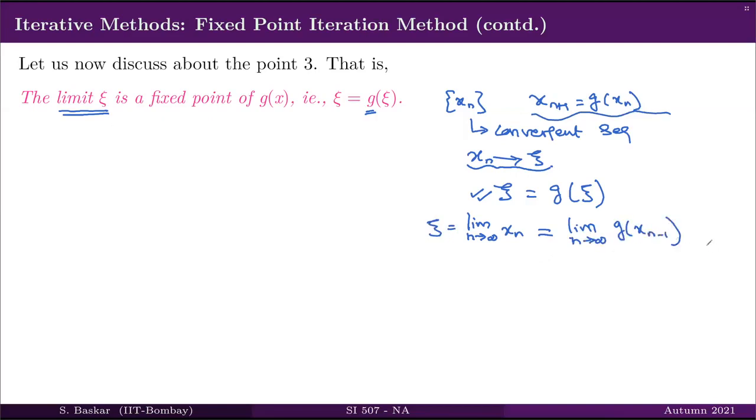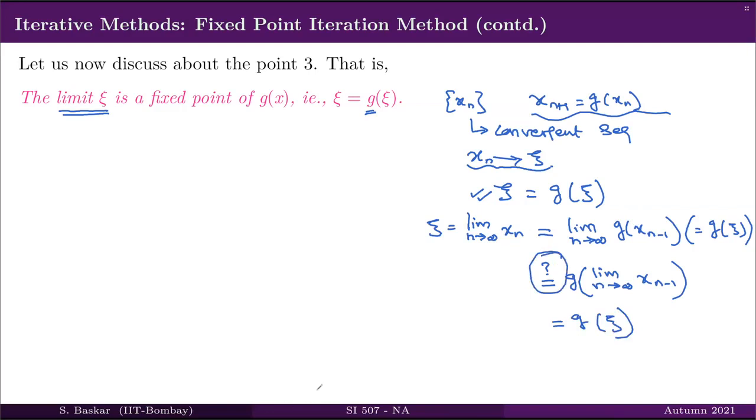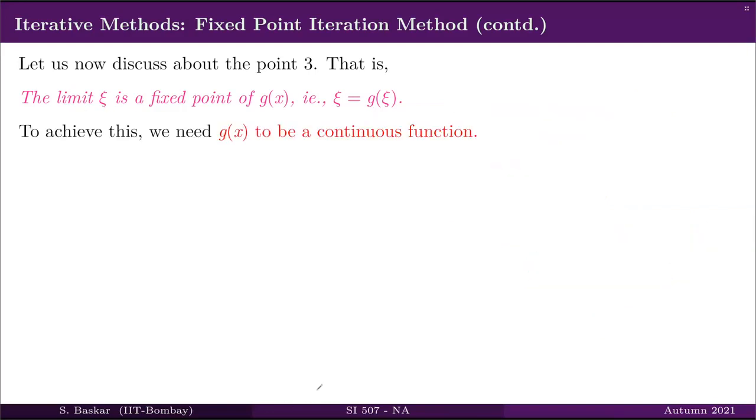And now I want it to be equal to g of xi, right? When can that happen? Well, if I can push this limit into the function like this, then I am through, because then I will get g of xi, right? But when can I push the limit inside the function g? Well, that needs g to be continuous, right?